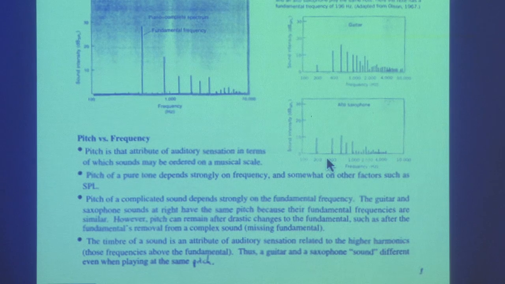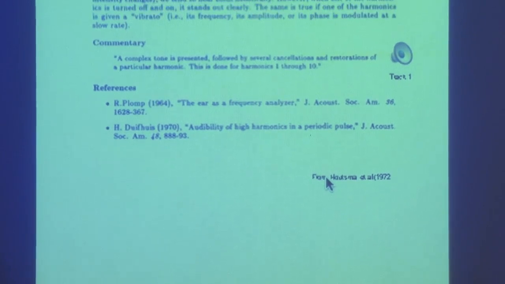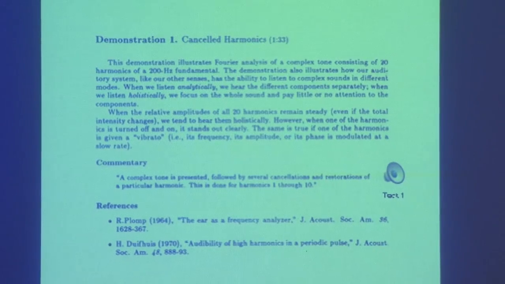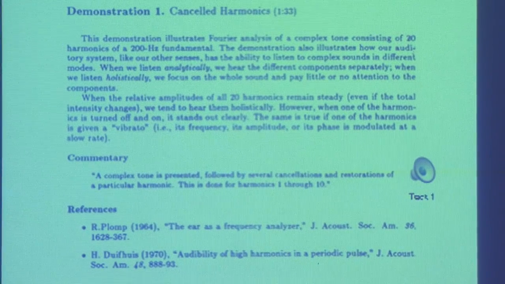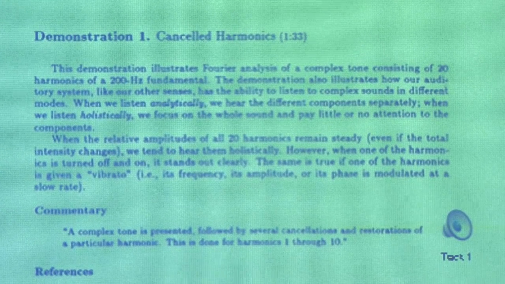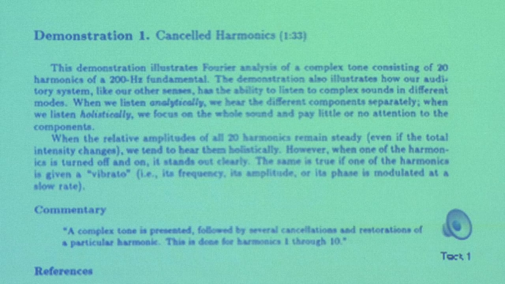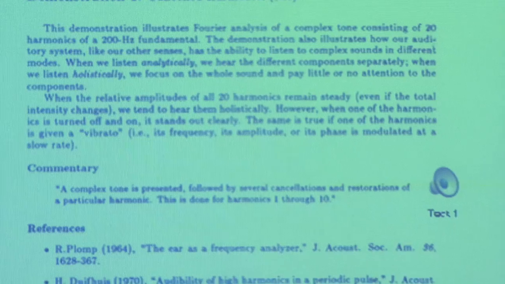Okay, so those are pretty complicated sounds. And what do I have next? Yeah, I have a demonstration. This one is called canceled harmonics. And it's a very nice demonstration to illustrate the idea that I said, well, when you have all these harmonics going on together, it sounds like one thing, one note, one sound.